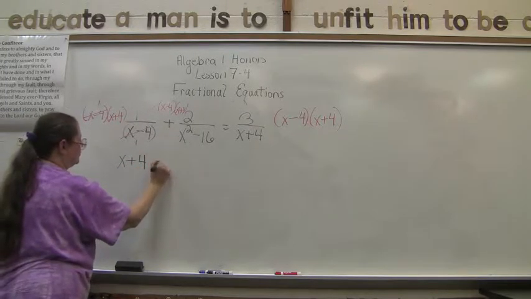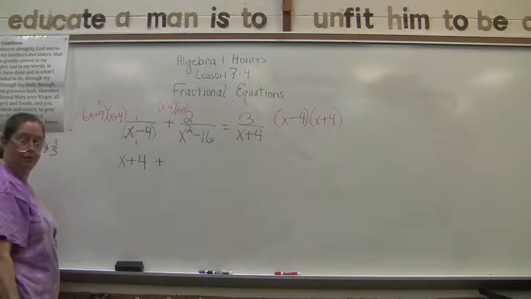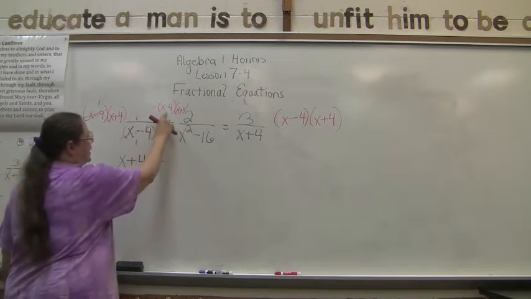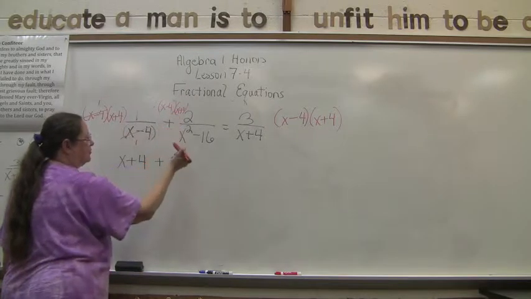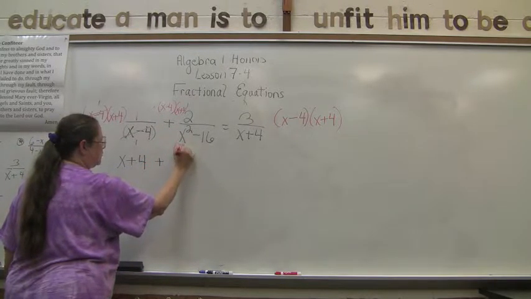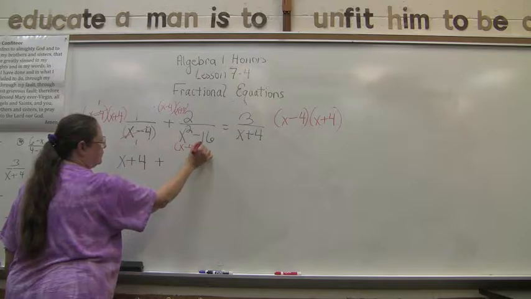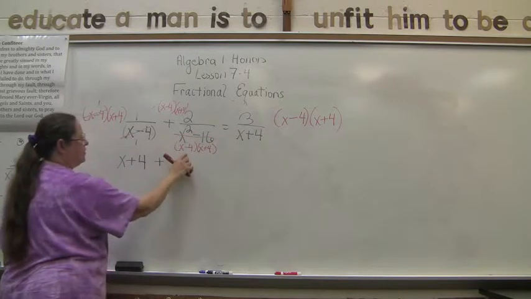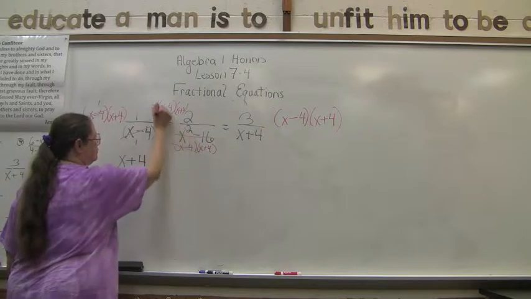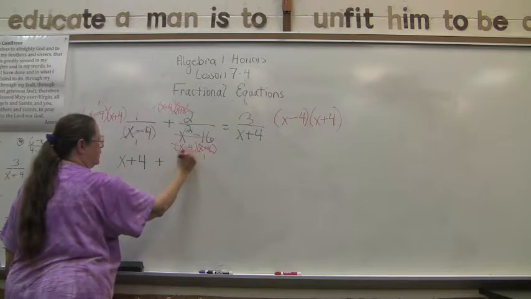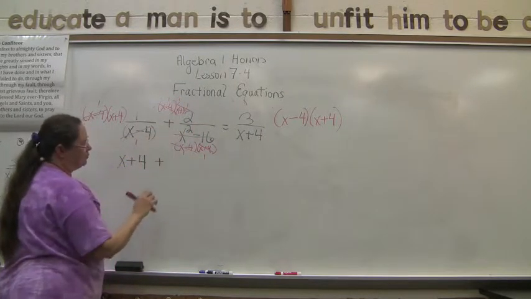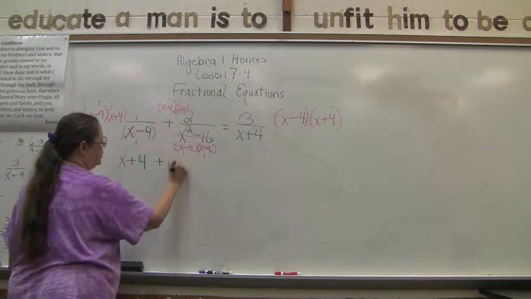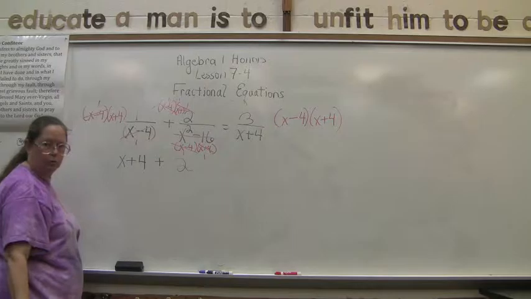Okay, plus, so I don't have to worry about distributing a minus sign, it's just a plus there. And then x minus 4 times x plus 4, that's what this factors into. All right? That's another name for that. So these cancel. And I'm left with a 1 on the bottom and just a 2 on the top, or just plus 2.